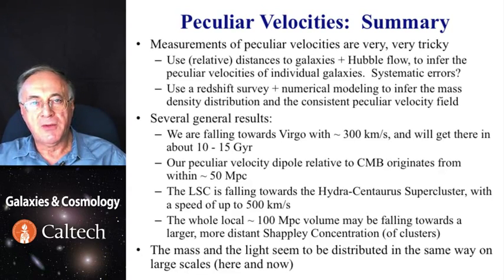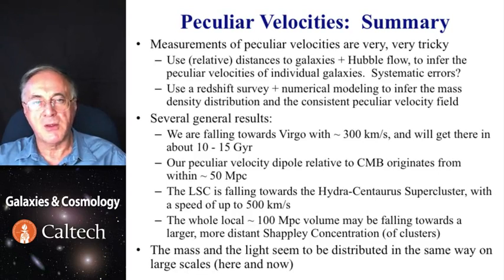Another important result from analysis like this is that it appears that on large scales, indeed, the mass and the light are distributed pretty much in the same way. Galaxies are where the dark matter is. This is not the case at small scales, like scales of galaxies, where there is a real separation. But on scales of large-scale structure, this is true.